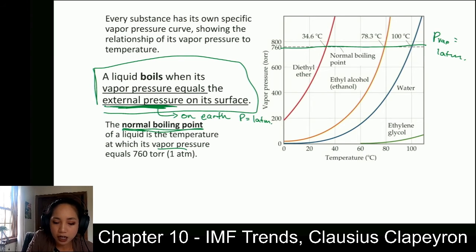Here you see that for diethyl ether to achieve 760 torr of vapor pressure, it requires a temperature of about 35 degrees Celsius. So the boiling point of ether on Earth, which is why we say normal boiling point, is about 35 degrees Celsius. Or for water, the point at which water exerts a vapor pressure of 1 atmosphere is 100 degrees Celsius.